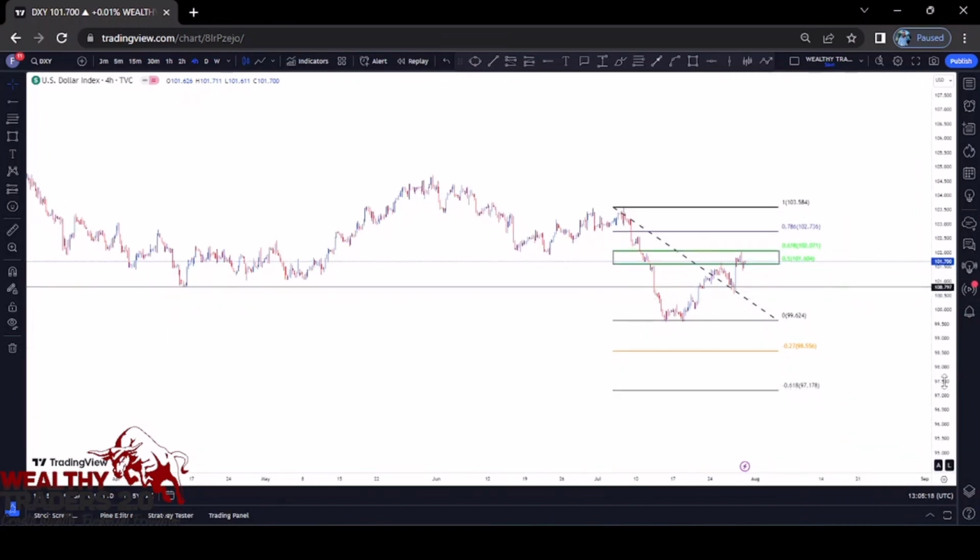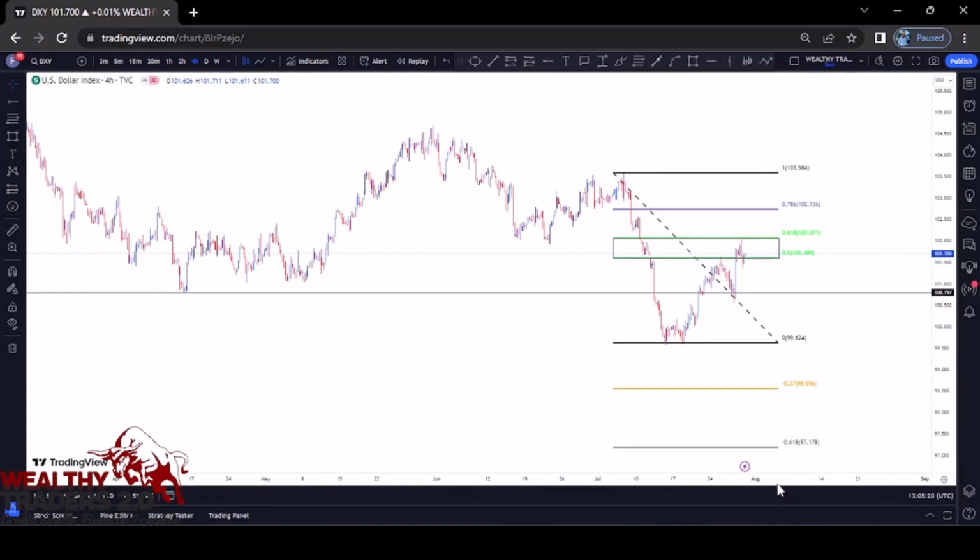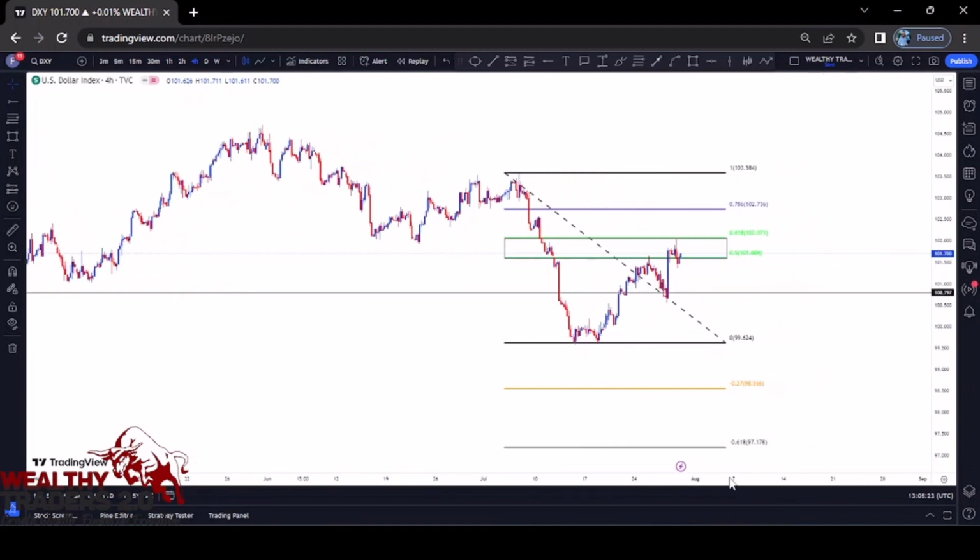I hope you guys are understanding and you are learning a lot from the way I trade my Fibonacci. So now, as you can see, a low was formed, a lower high, a lower low, and a lower high. Then what's next after this?